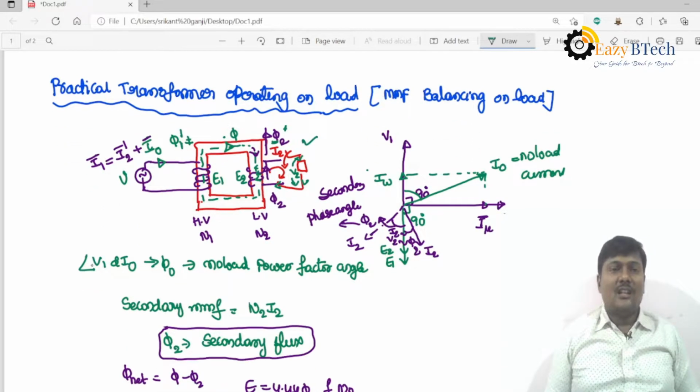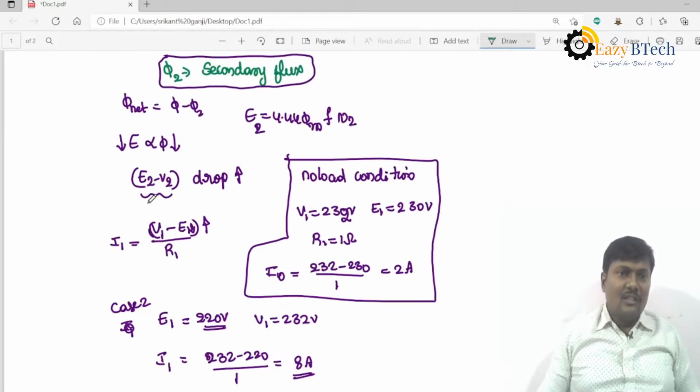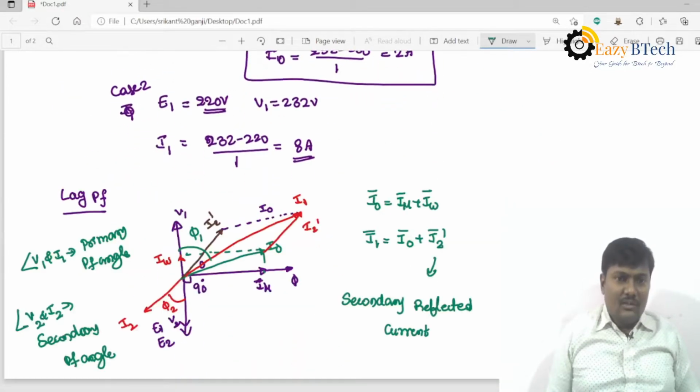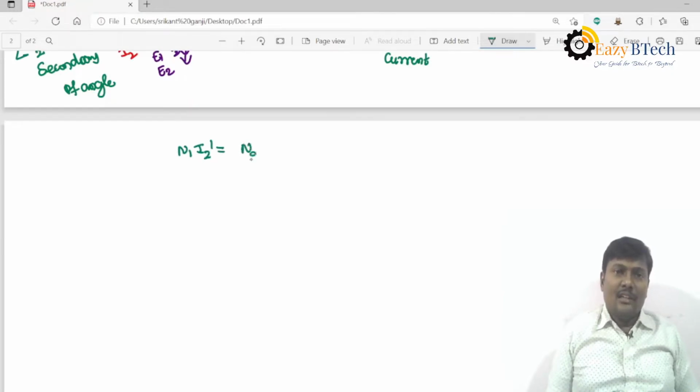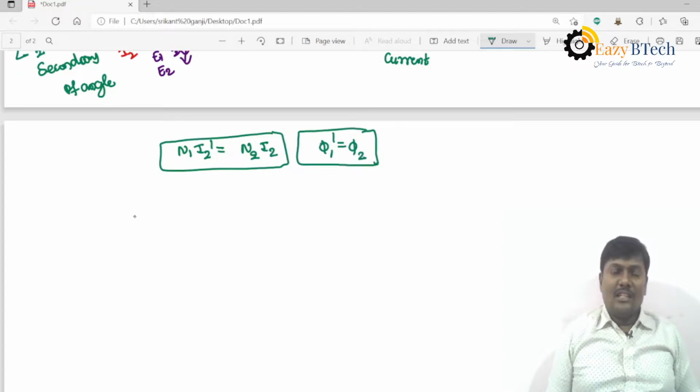Now N1 into I2 dash is equal to N2 into I2. That means phi1 dash is equal to phi2. The flux in the transformer core is always constant. So I2 dash is equal to N2 by N1 into I2. What is N2 by N1?